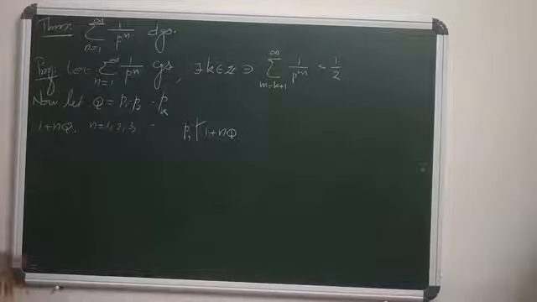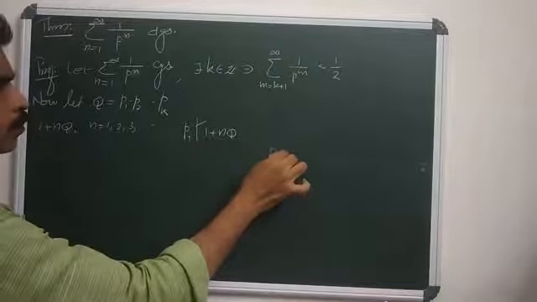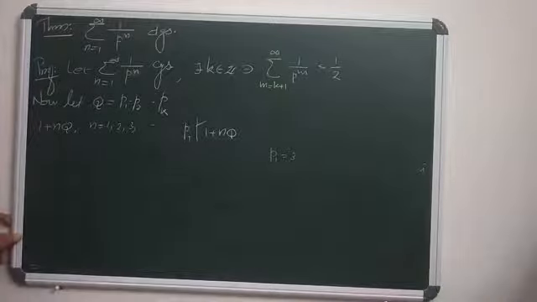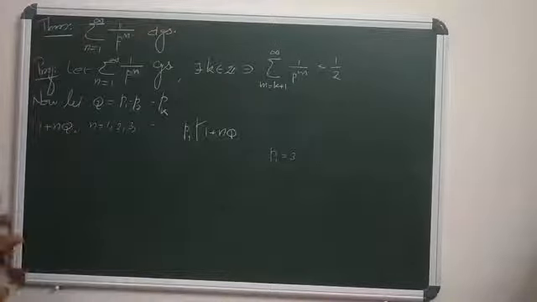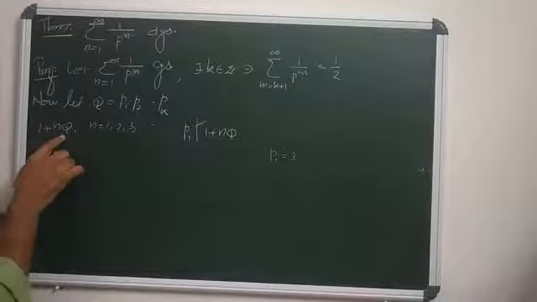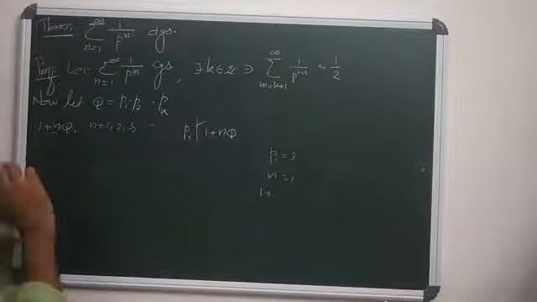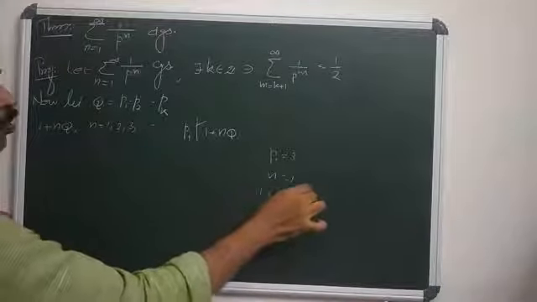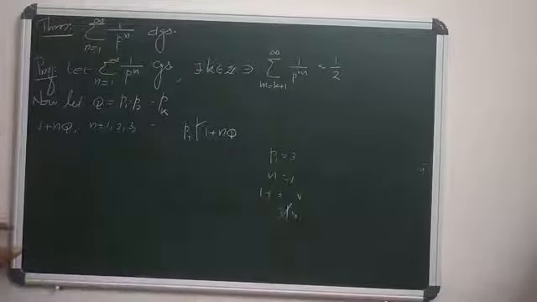For example, suppose p1 equals 3, the first prime here. Then n equals 1, so 1 plus nq becomes 1 plus 3, that is 4. So 3 does not divide 4.